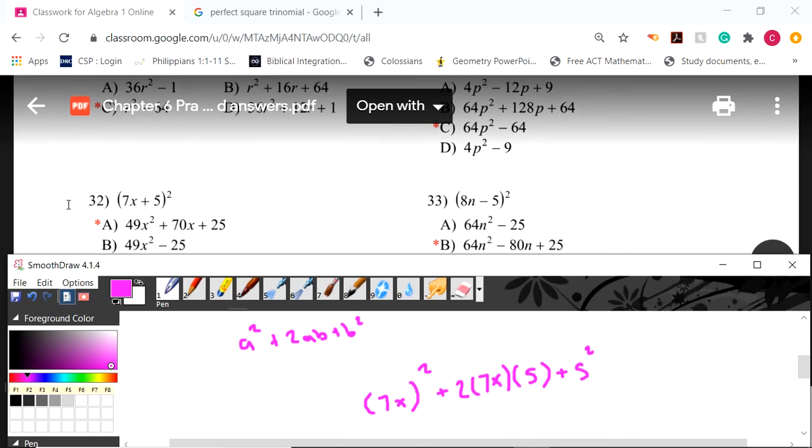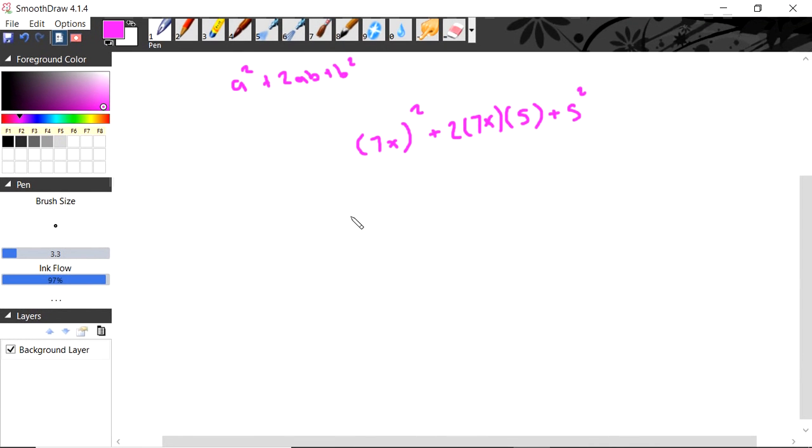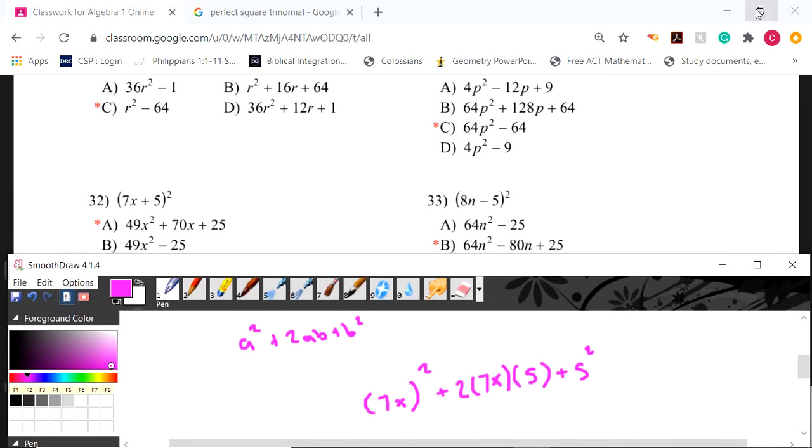They'll just say, oh, that's 49x squared plus 25. No, no, no. You can't do that. So that becomes 49x squared. 2 times 5 is 10. 10 times 7 is 70x. 5 squared, or 25. And there's your answer.